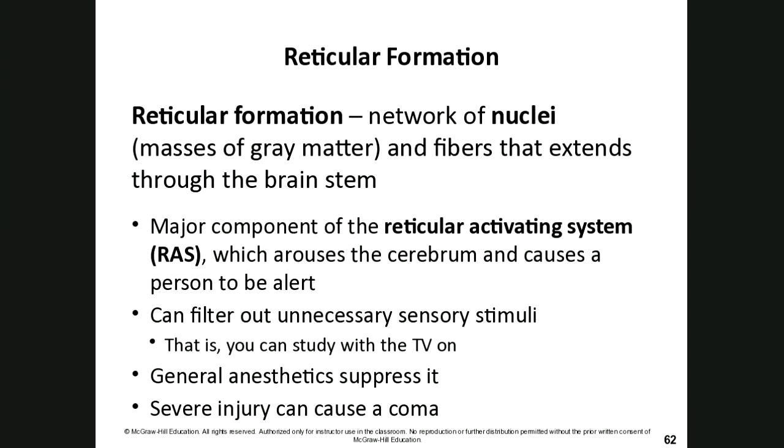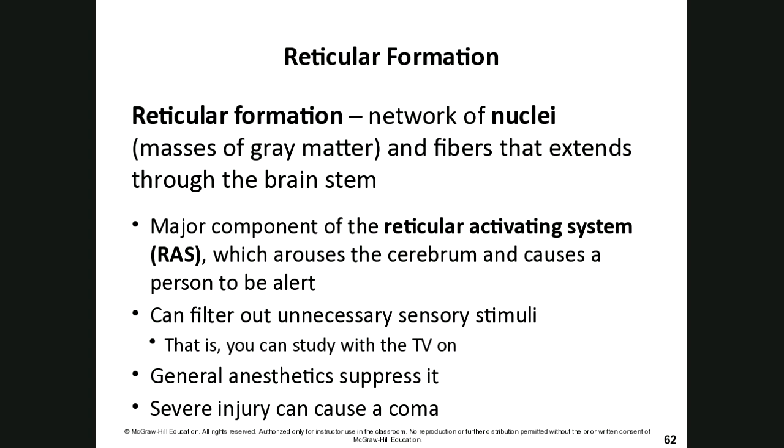A major component, the reticular activating system, or RAS, arouses the cerebrum and causes a person to be alert. When you talk about that RAS system, and you may have heard about this before, it helps to make sure that every part of your brain is alert and doing the things that it needs to do in order to get the job done.